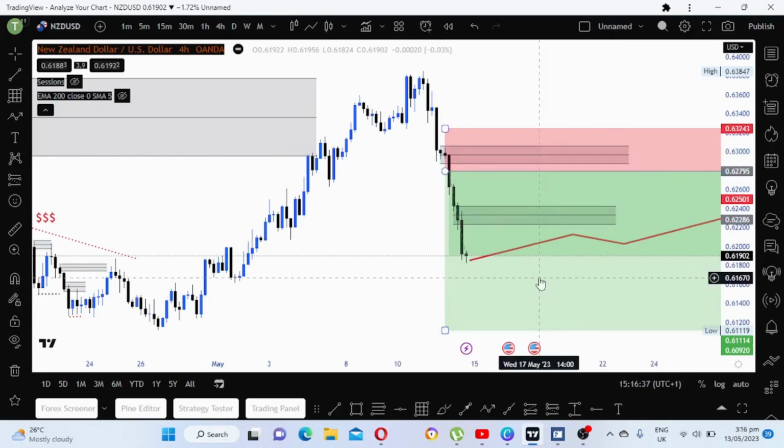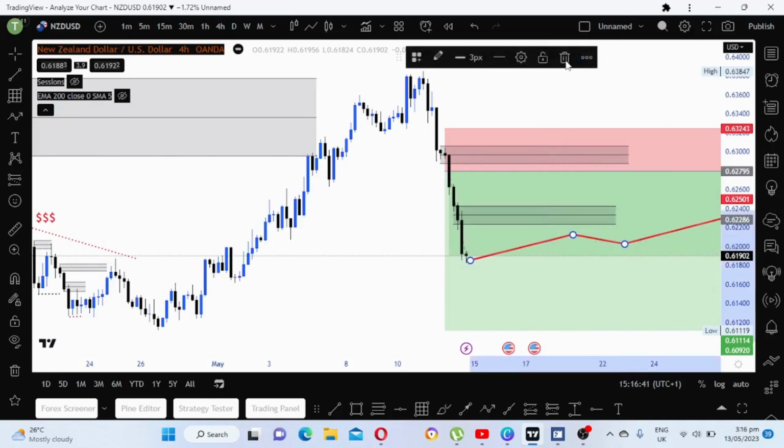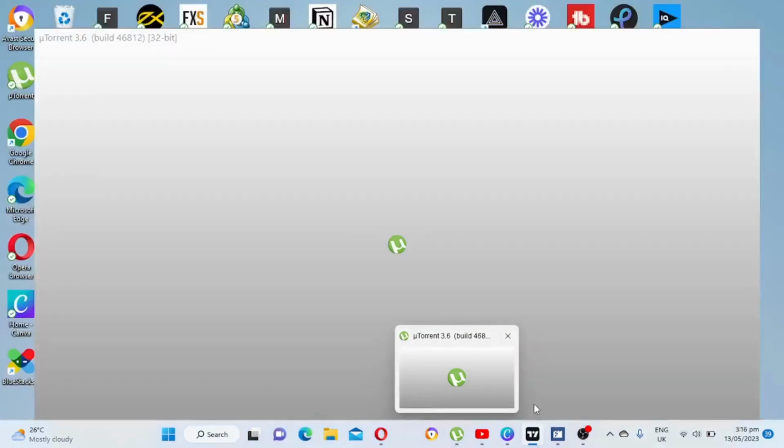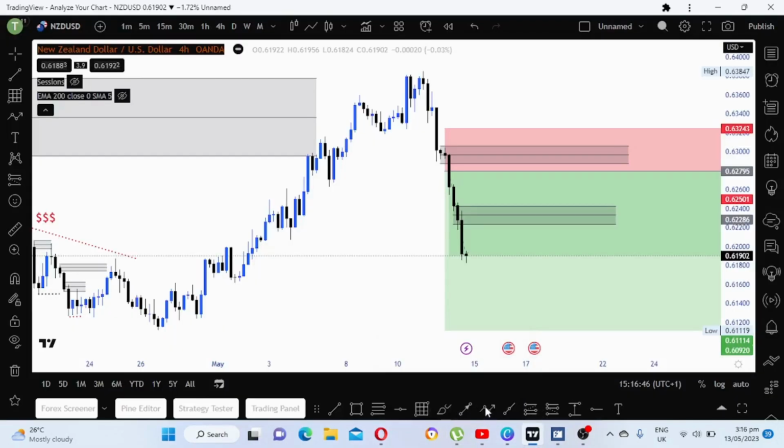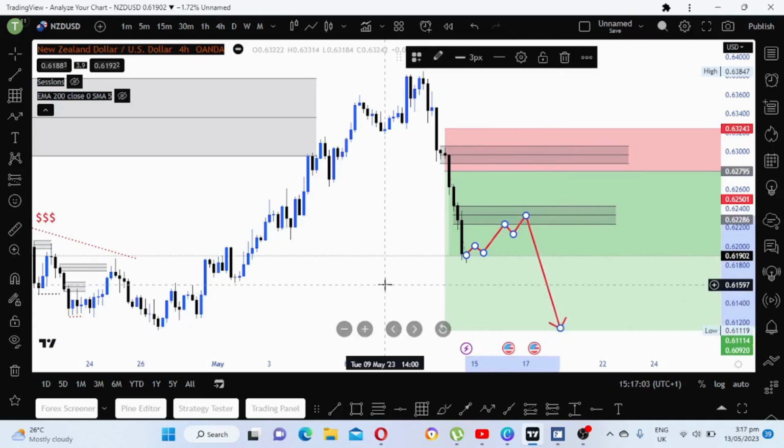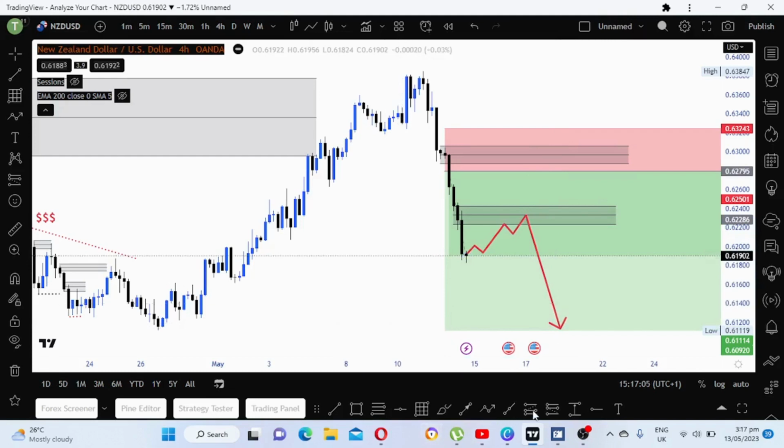So for now we are patiently waiting for price to do a pullback, and then we sell at this zone.